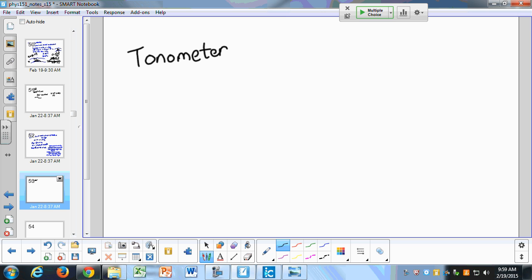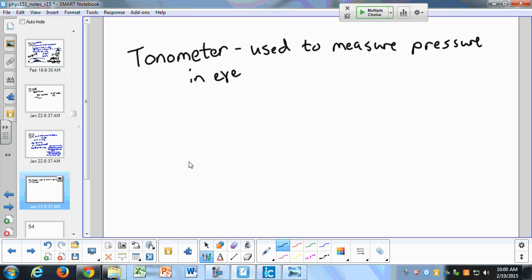So a tonometer is used to measure the pressure in the eye. The simplest one just taps on the eyeball and measures the force required to bend the cornea.